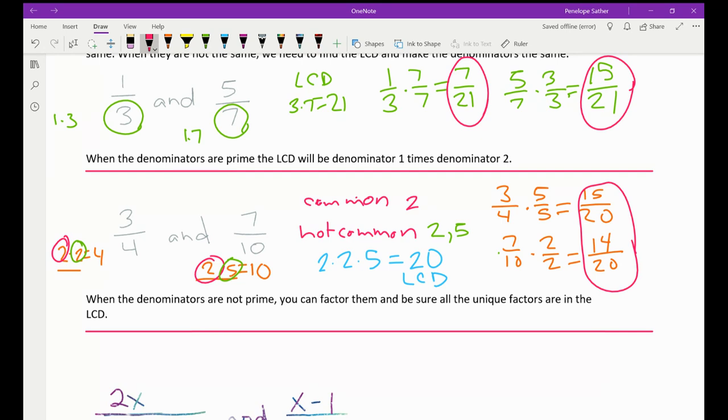So you might notice if you're looking at our factors, whenever you're trying to figure out what to multiply by, it's always by the one thing or two things or however many that are not in the not in common list and not in your particular fraction. Skip it. All right.